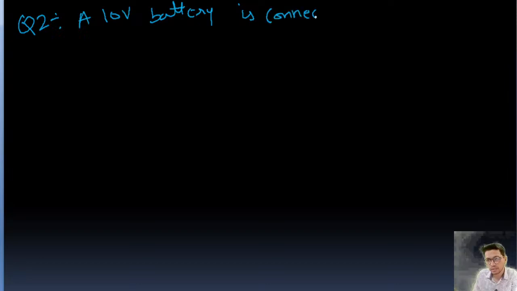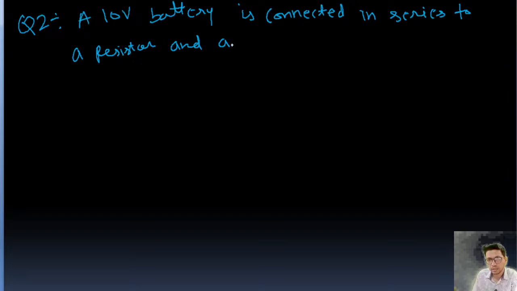A 10-volt battery is connected in series to a resistor and a capacitor C, as shown in the figure.